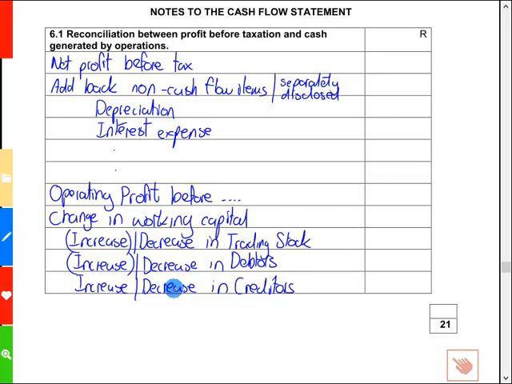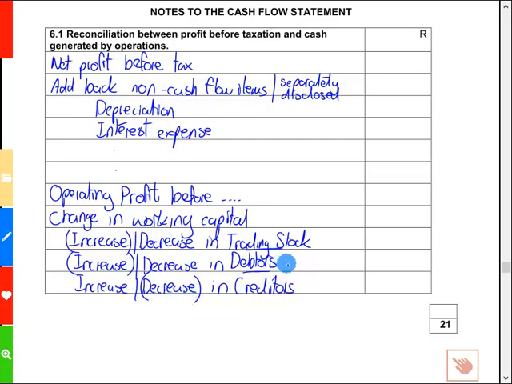Now I owe 0 Rand. What happened to my creditors? It went down because I paid. So is that an inflow or an outflow? Outflow. So a decrease will be an outflow. Okay. So your two assets will be the same, trading stock and debtors. Both of them, if they increase, will be an outflow. Creditors, which is a liability, if they decrease, that's going to be an outflow.